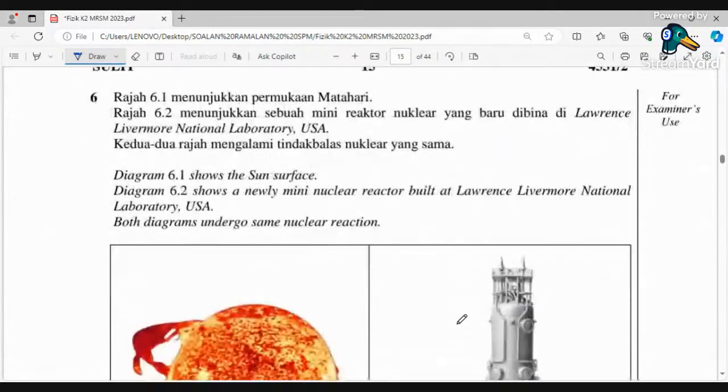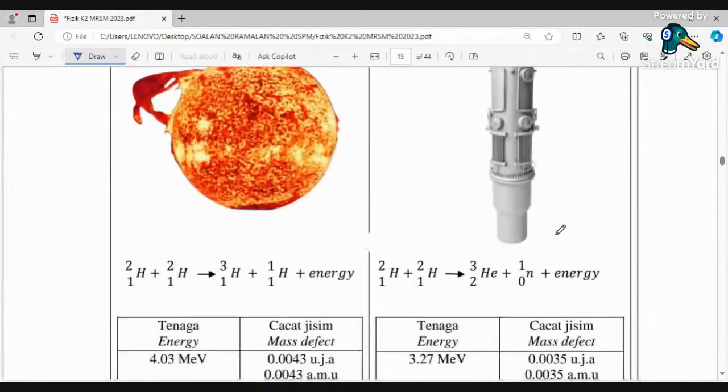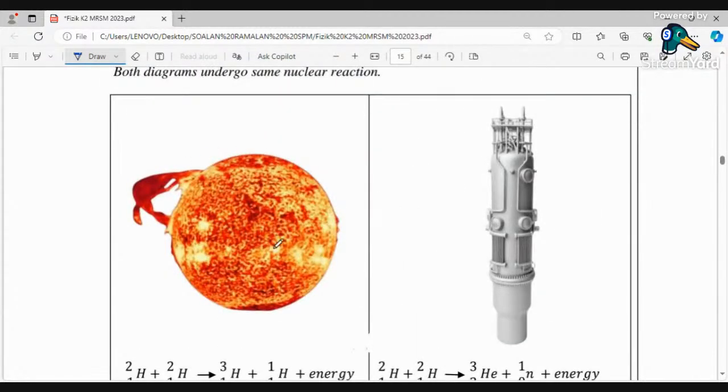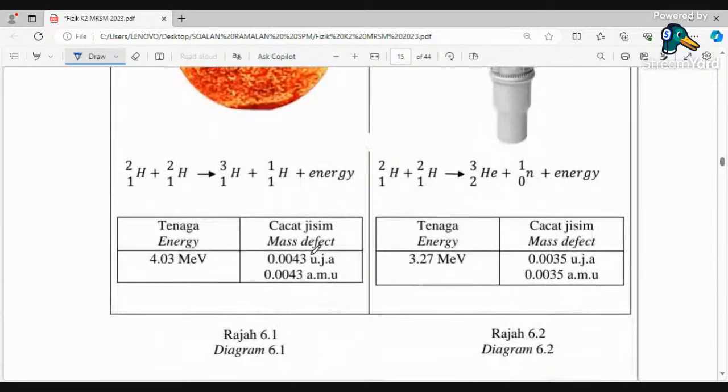Okay, number 6. 6.1 sun surface, 6.2 mini nuclear reactor. This one is the topic radioactivity. So you can see this one is a fusion, process of fusion energy.